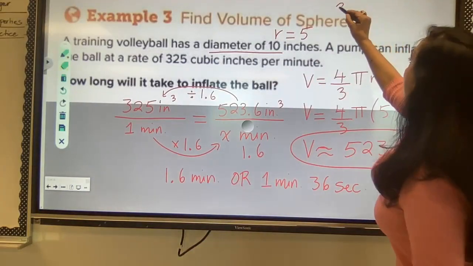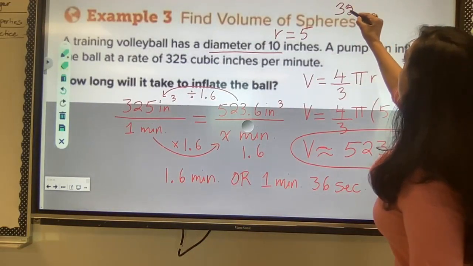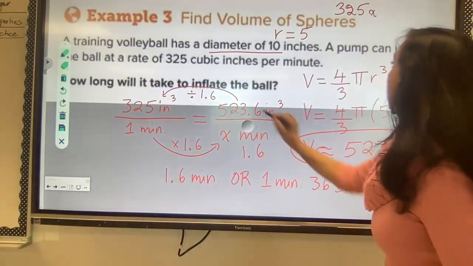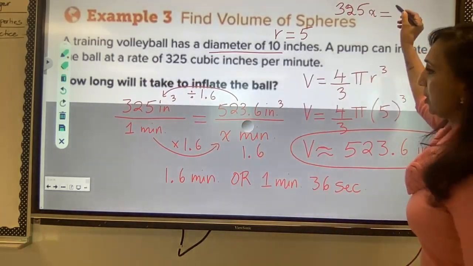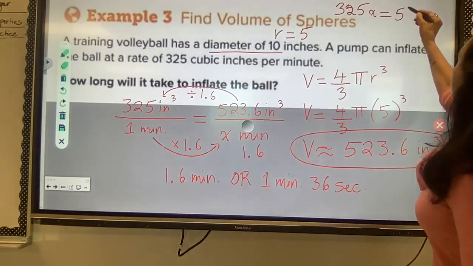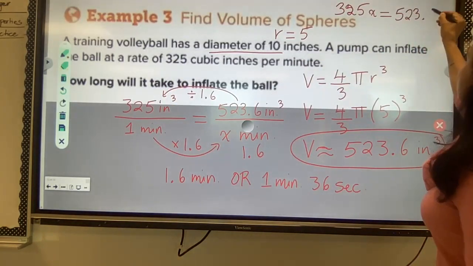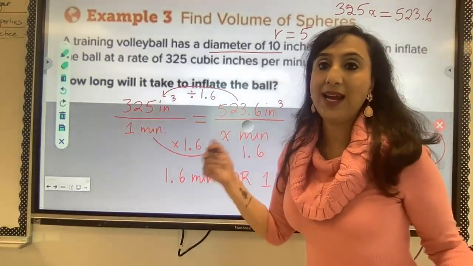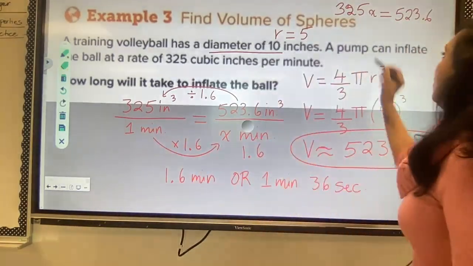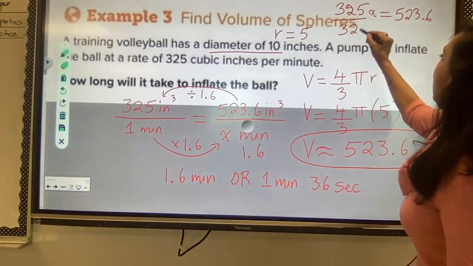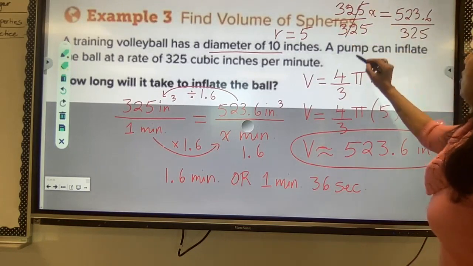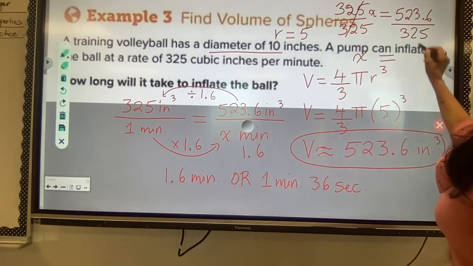You could have done 325x if I'm doing cross products, is equal to 523 and 6/10, because times 1. And then what am I doing? I'm just using the division property of equality, and I am dividing both sides by 325 in order to find x is equal to, when I divide, I am going to get 1 and 6/10.